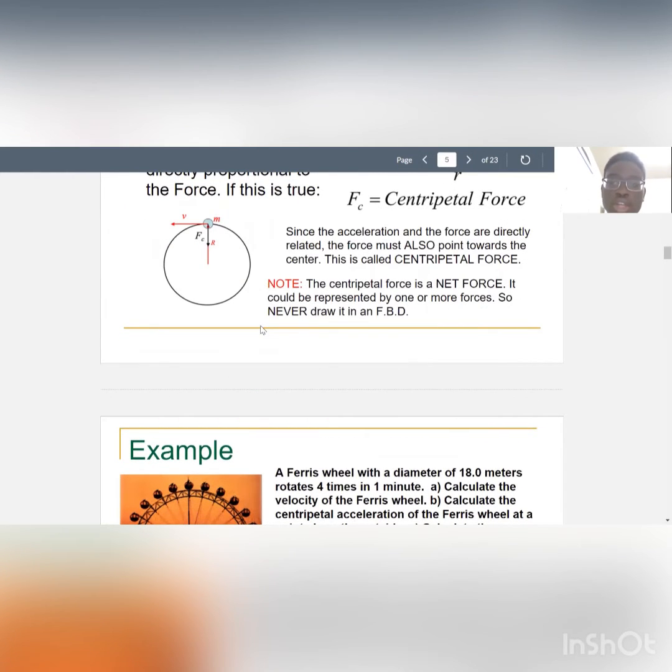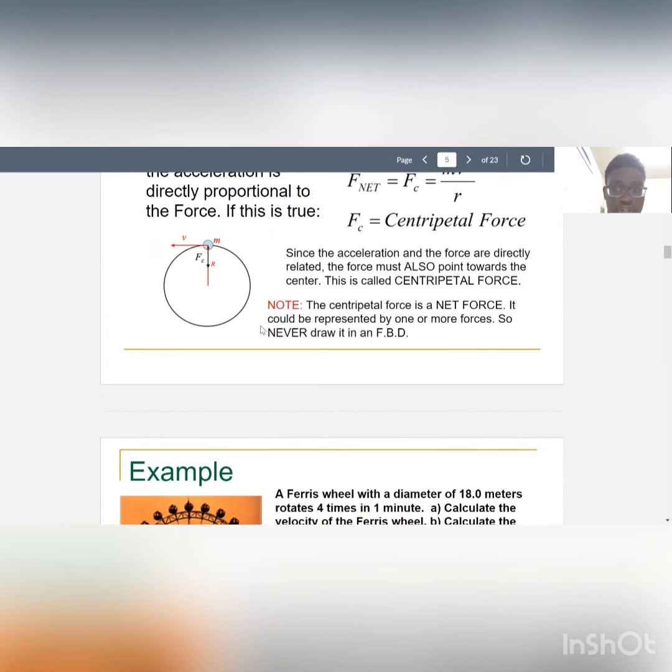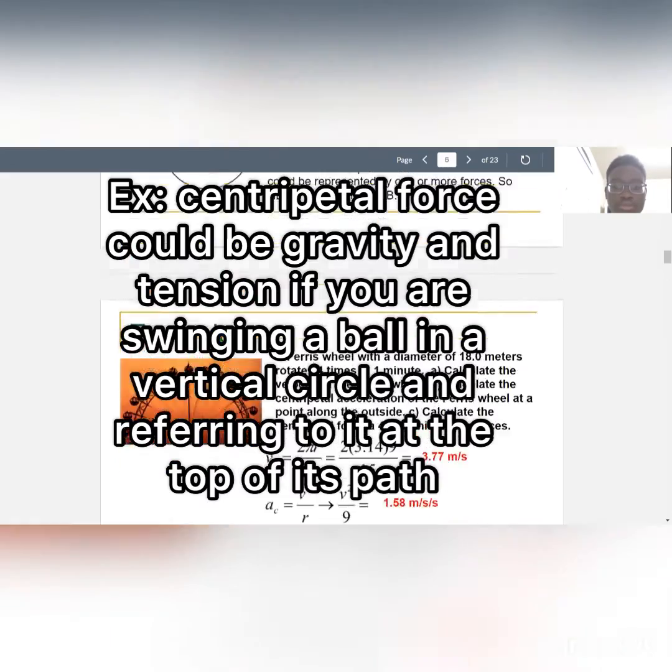And so since the acceleration and the force are directly related, the force must also point towards the center. And like I mentioned earlier, that's why it's called centripetal force. And you never, ever draw centripetal force on a free body diagram because it could be represented by one or more forces.